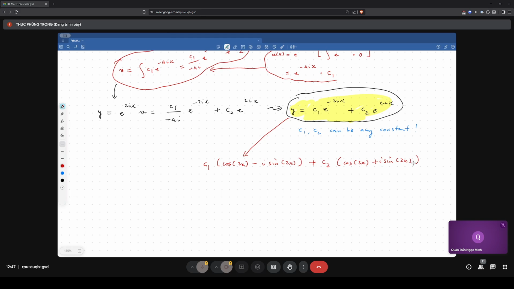In linear algebra, you may know that e to the power is is cosine s plus i sine s. And then this is just (C1 plus C2) cosine of 2s plus (C1i minus C2i) sine of 2s.